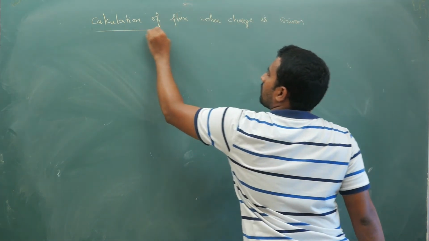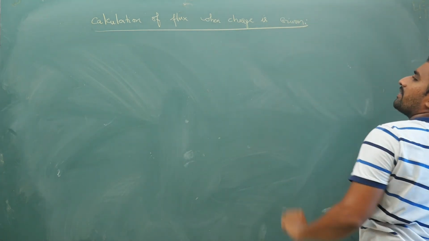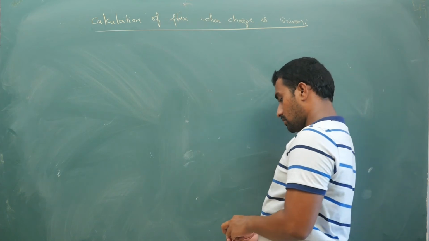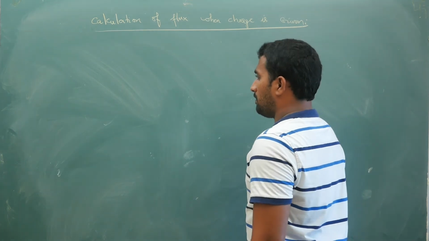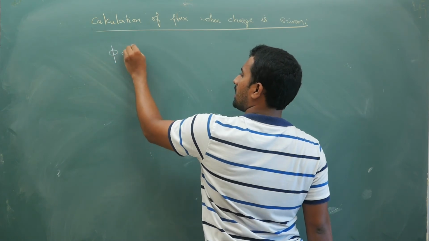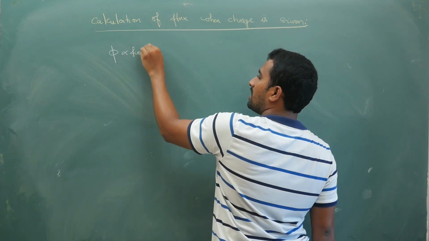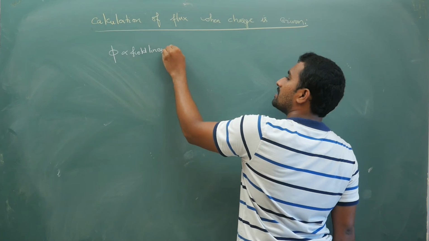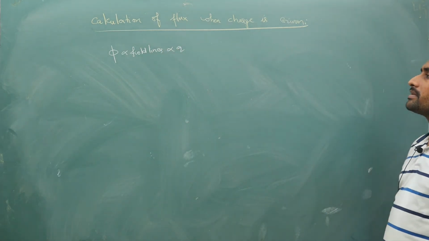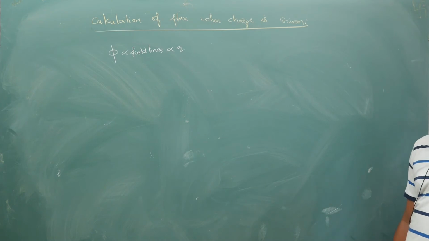Now when charge is given, how to calculate the flux? Remember, your flux is directly proportional to field lines. Indirectly this is directly proportional to charge. This is what I am trying to explain right from the start.